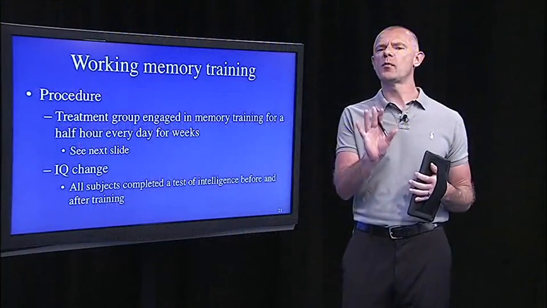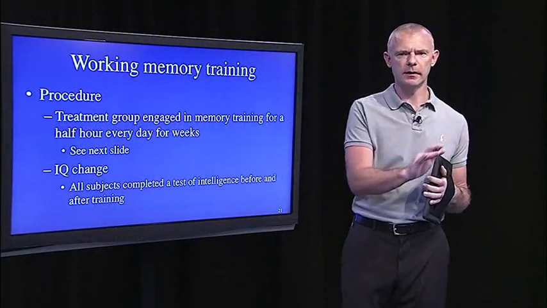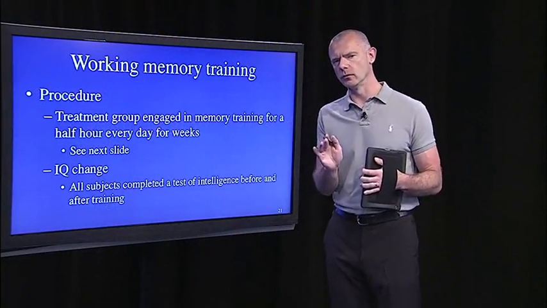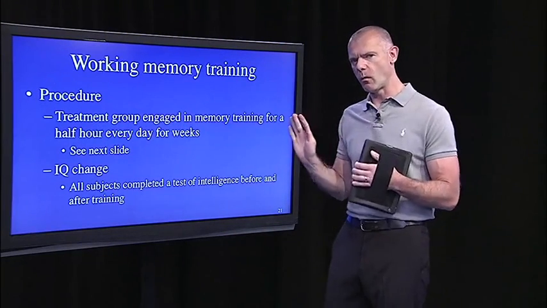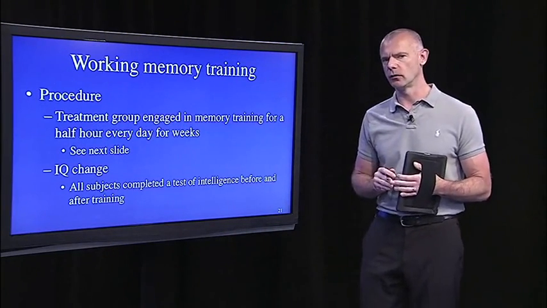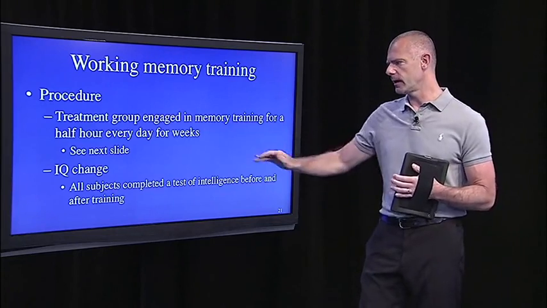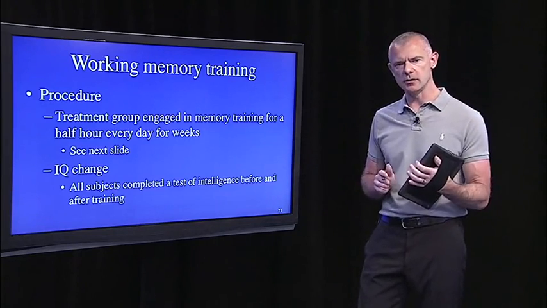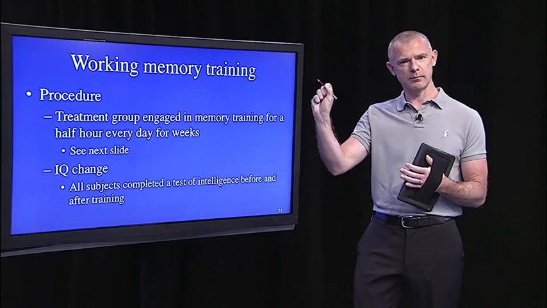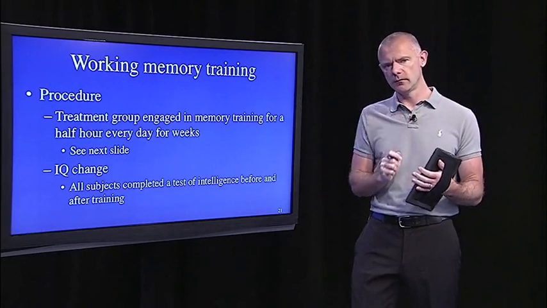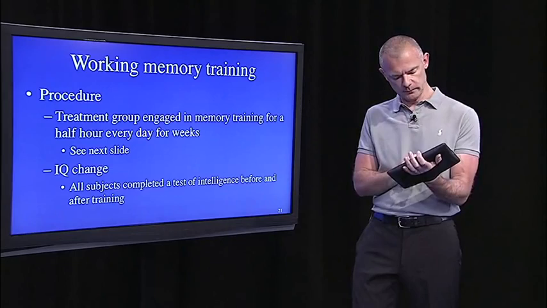The control group, importantly, did nothing. And that's not a great control group, and we'll come back to a discussion about why that's not a good control group in a moment. And again, the dependent variable is IQ change, the difference between the score on the IQ test post-training versus pre-training.